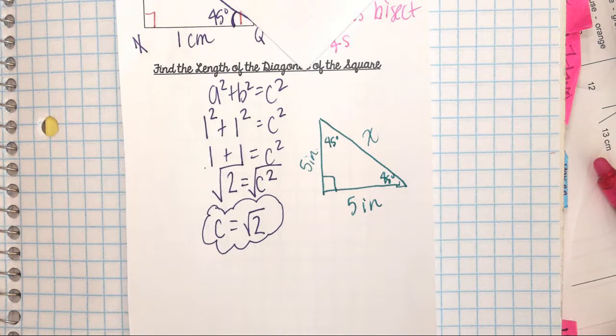You're going to go into the square root, but don't get a decimal. So what did you plug in?